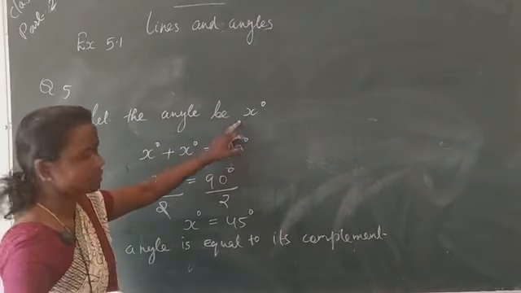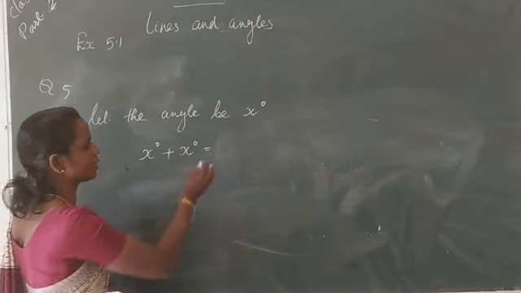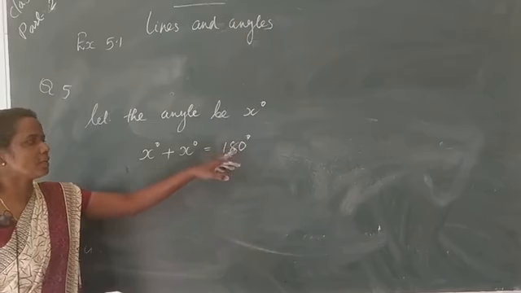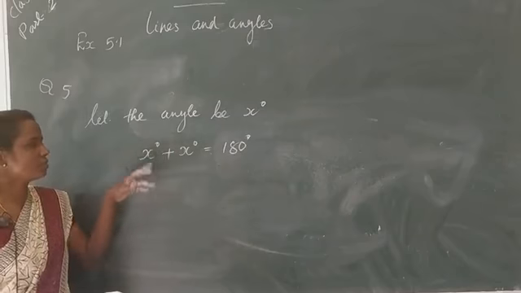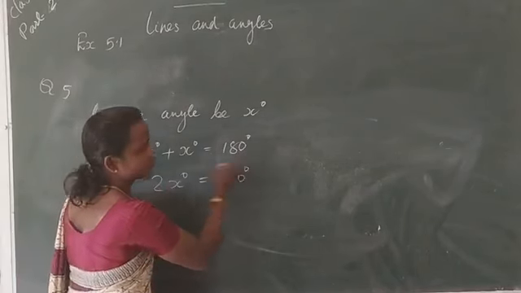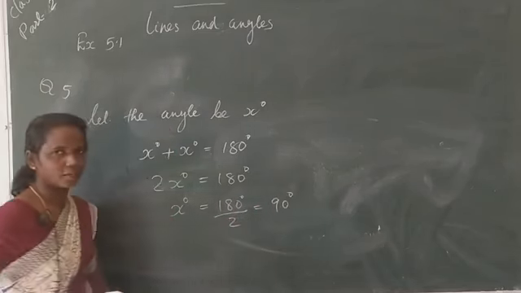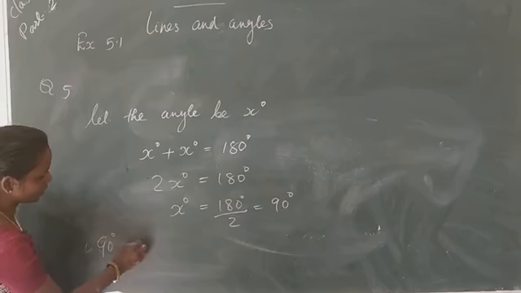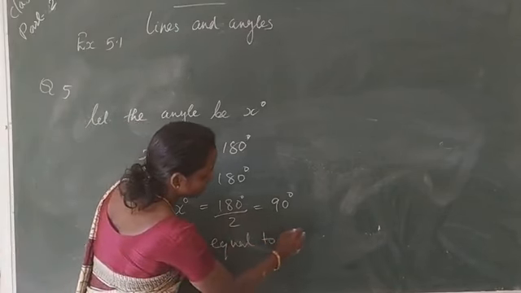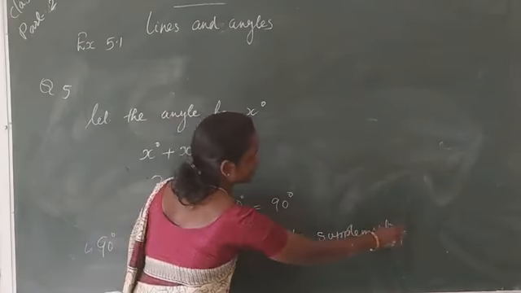Let the angle be x, so x degrees plus x degrees is 180 degrees. The two angles are equal, so one is x degrees and the other is also x degrees. So 2x degrees is equal to 180 degrees, and x degrees is equal to 180 divided by 2, which is 90 degrees. So a 90 degree angle is equal to its supplement.